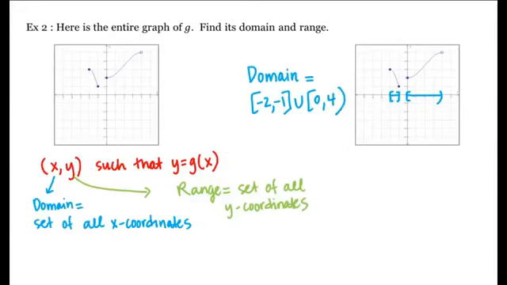Notice a few things here, again, because of this open circle here. This is open. x equal to 4 is not the x-coordinate of any point on our graph.